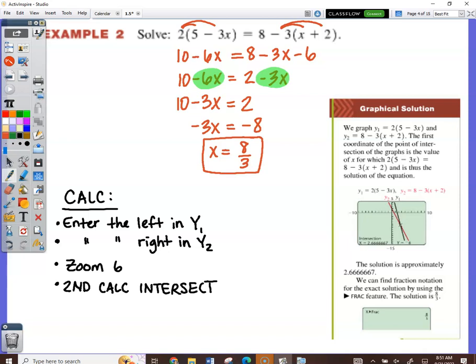So that's an option you can use to check your answers. You could have just plugged 8/3 in, but there was a lot to type in, so it's up to you, to each his own.